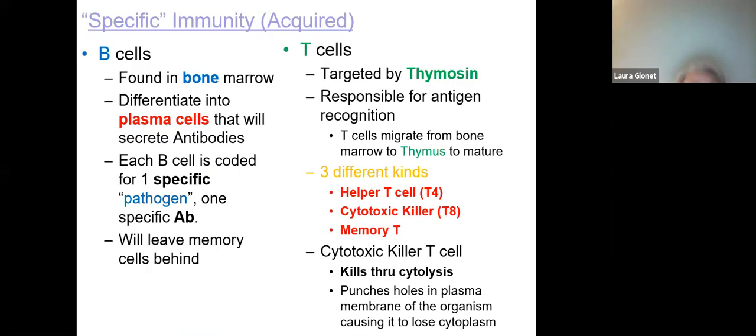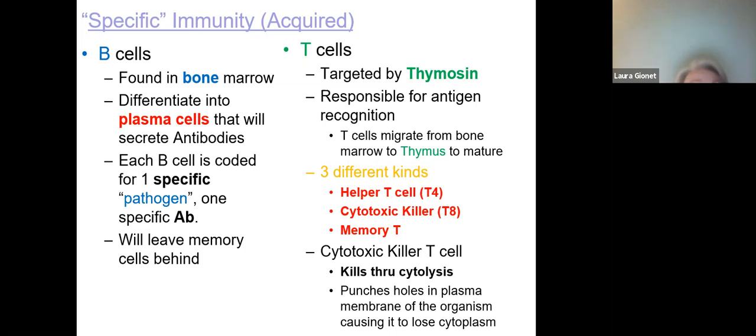All right, then we have specific immunity or acquired immunity. You have your B cells, or B lymphocytes, and T cells, or T lymphocytes. B cells are found in bone marrow. Matter of fact, all these cells, all blood cells, originate in bone marrow. Right? They differentiate into plasma cells that produce the antibodies.